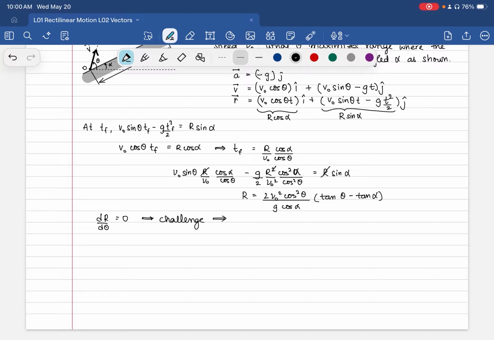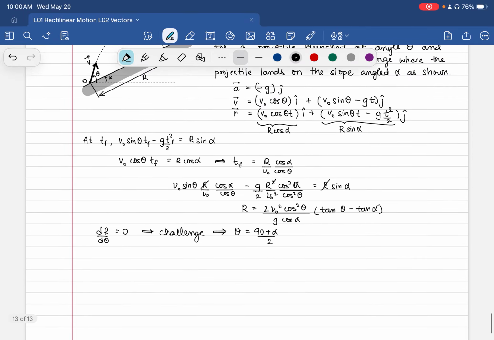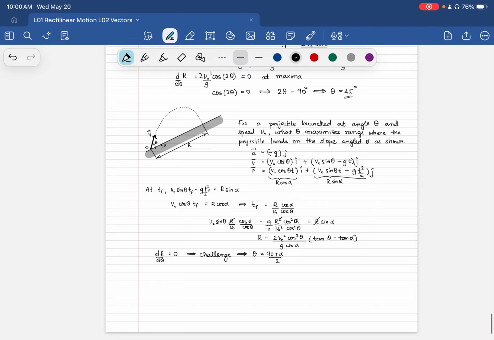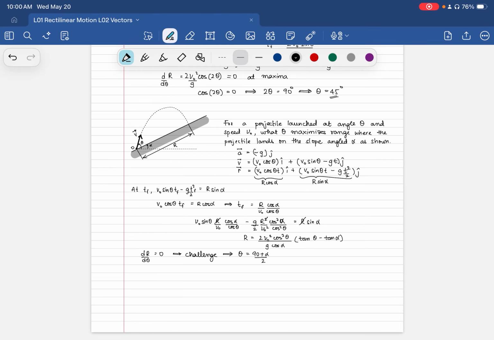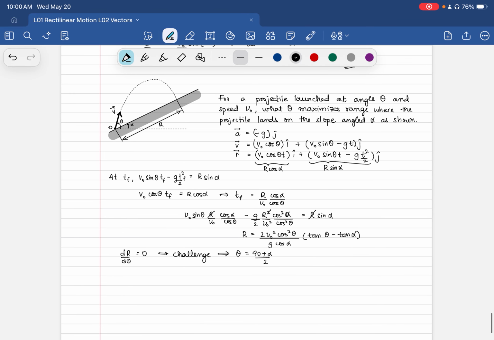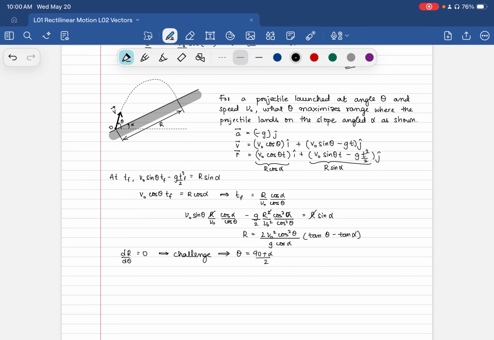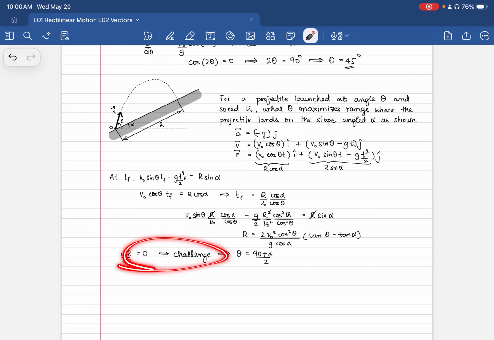You will get theta is equal to 90 plus alpha over 2. The question asks you for what is the theta, and here's your answer. If you substitute this, you will get R max, but that was not the question. Take this as your challenge. Try to do it yourself.